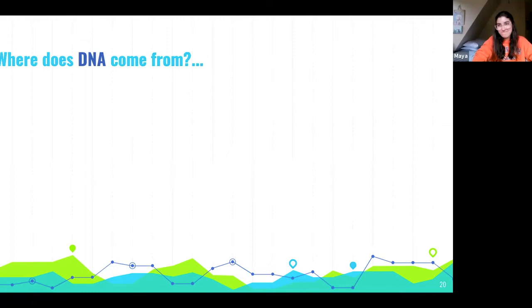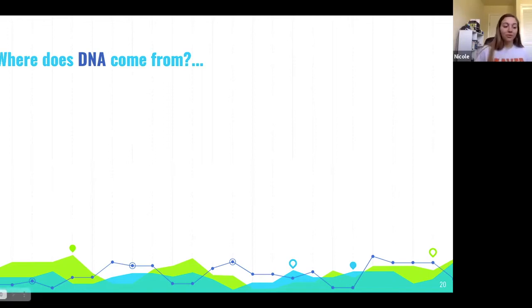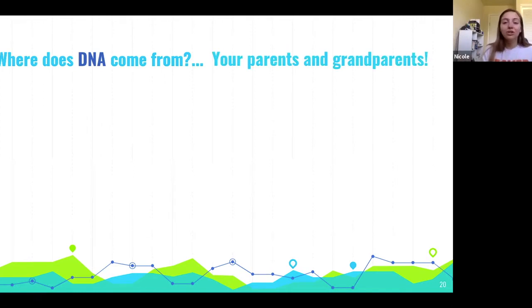So now that we know a good way to use DNA and where to find it, let's think about where your DNA comes from. Usually it comes from your birth parents, and then they get it from their parents. So essentially you have some of your grandparents' DNA.